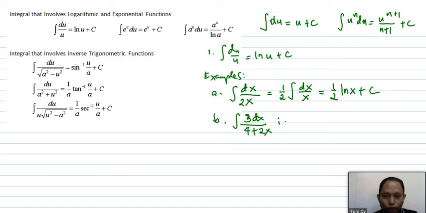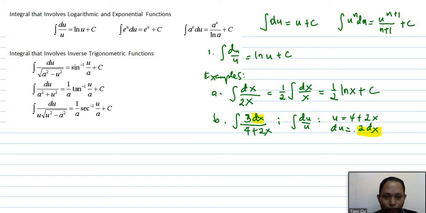So for this case, we will be using the formula du over u, wherein our u equals 4 plus 2x, and its derivative, the derivative of 4 plus 2x, equals 2 dx. If you have noticed here, this is 3 dx, and then we also have here 2 dx.